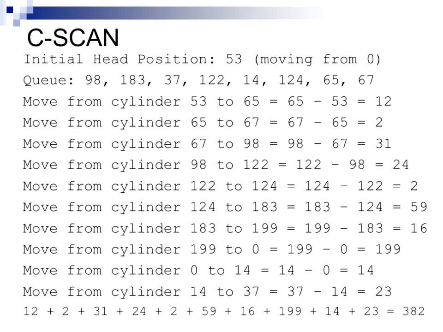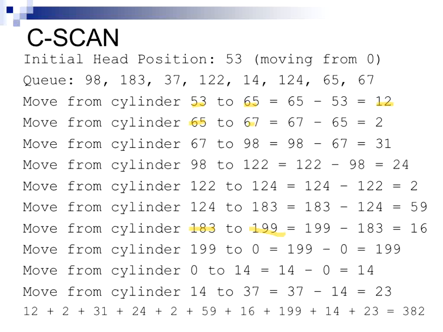So when we do the C-scan again, you just need to figure out what order the cylinders will be accessed. And so here we went from 53 to 65, and we can calculate how far that was, then from 65 to 67, and so forth, all the way until we get to 183, which is the highest number in our queue, but then we still have to calculate how far it went to get to 199, which was the highest number cylinder on our platter.